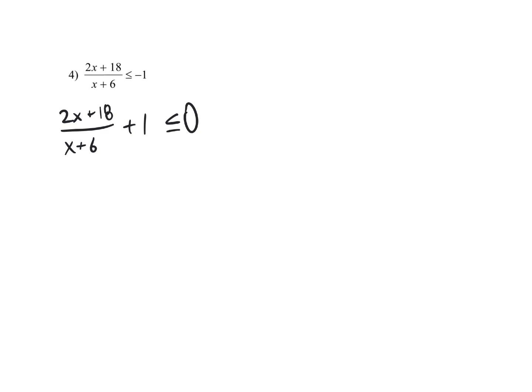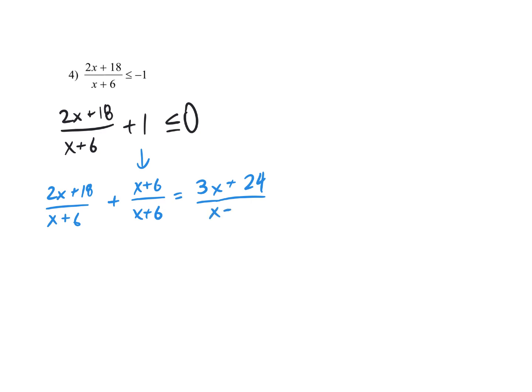Let's make our 1 into x plus 6 over x plus 6, 2x plus 18. And if I combine this, I will get 3x plus 24 over x plus 6, and it's less than or equal to 0.